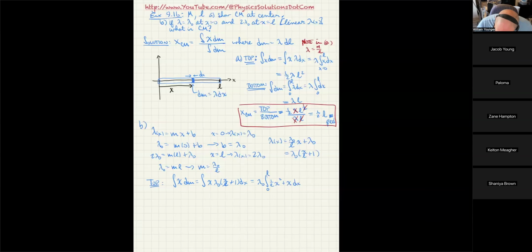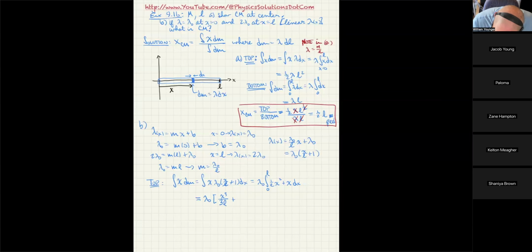The integral of 1 over L x squared would be, the lambda 0 is still out there, so I don't know why I wrote 1 over there. Oh, I do. I was just thinking of the next step. I'm going to actually do the next step on the next line. So I'm going to say lambda 0 times, in this case, x cubed over 3L.